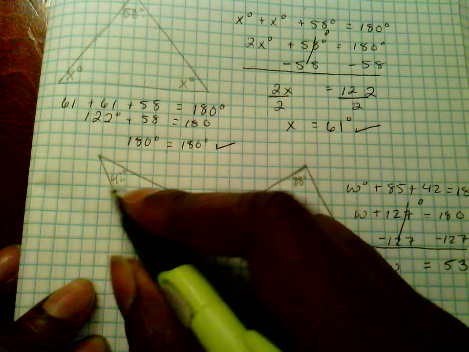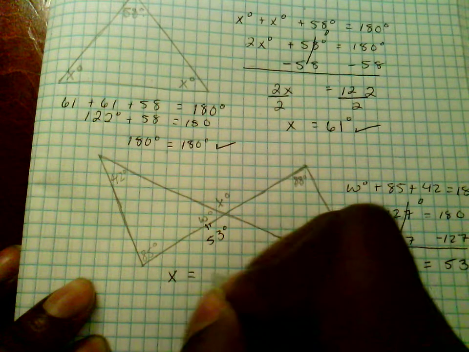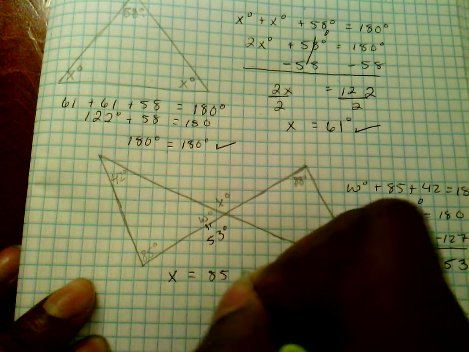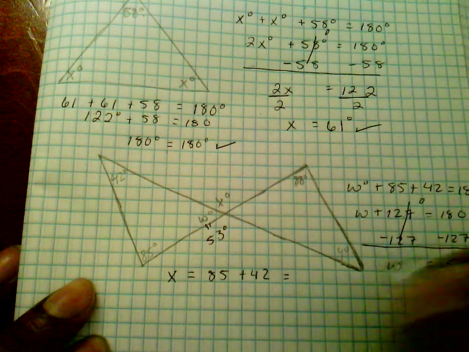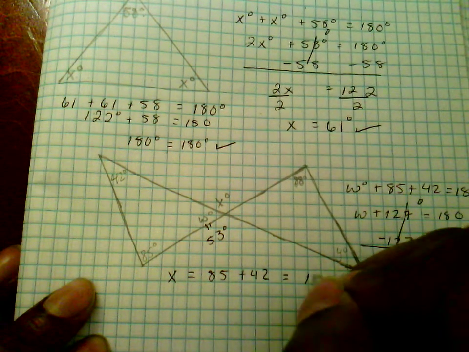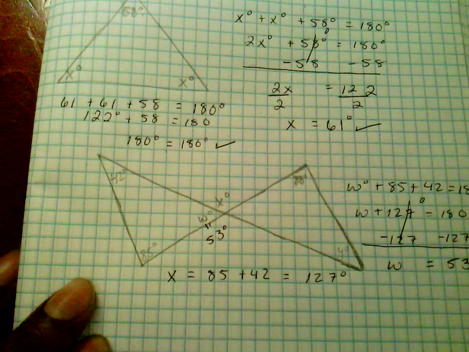All right, so that would mean X will be equal to 85 plus 42, which will be equal to 127 degrees.